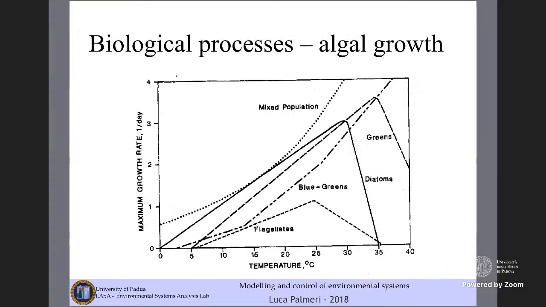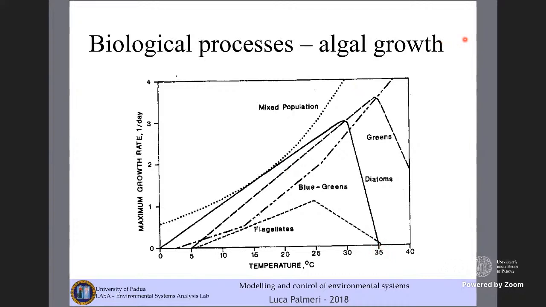In general, this kind of limitation effect depends on the type of algal population that appears in your system. In particular, this graph gives you an idea of the fact that flagellates, one type of phytoplankton, display an optimum behavior. The blue-greens and also mixed populations, in which there are several types of algae, are better described by exponential or linear approaches.